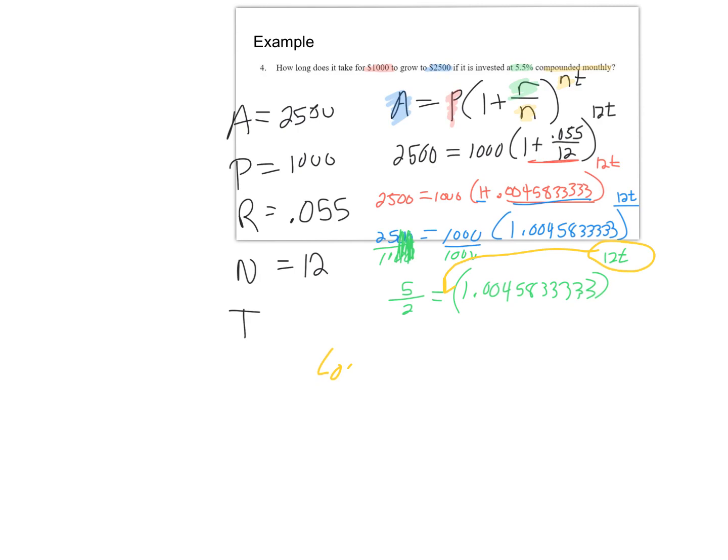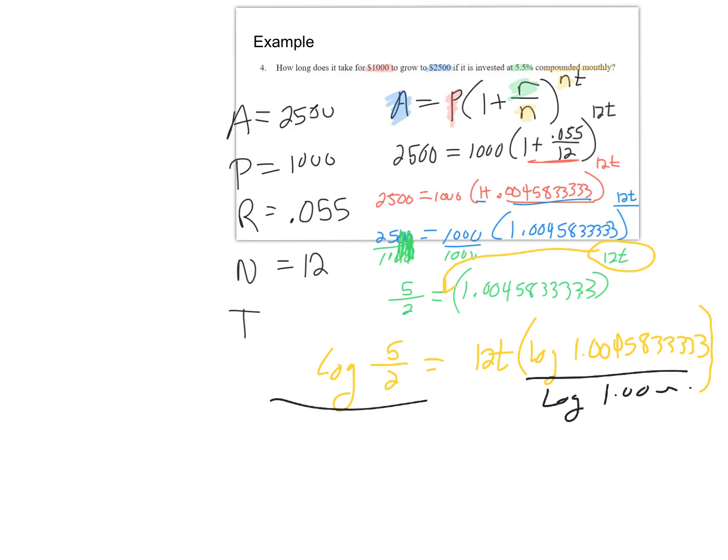So we're going to do the log of 5 halves equals 12t times log 1.004583333. All right, now we got to get the 12t alone, so we're going to divide by this monstrous log of 1.0045, blah, blah, blah.